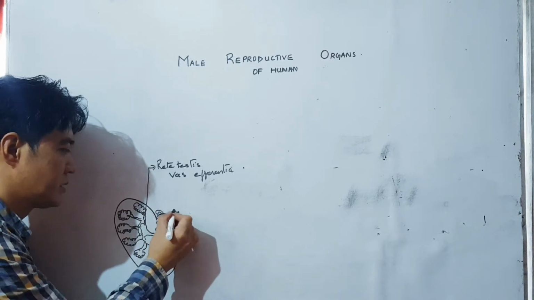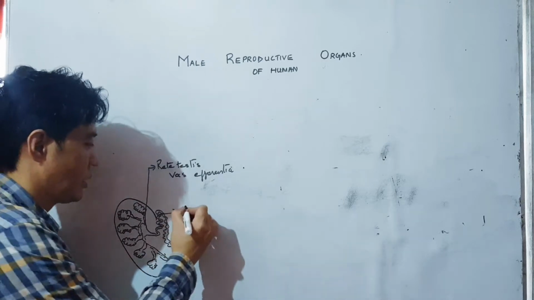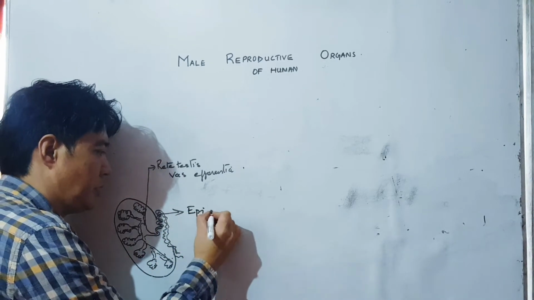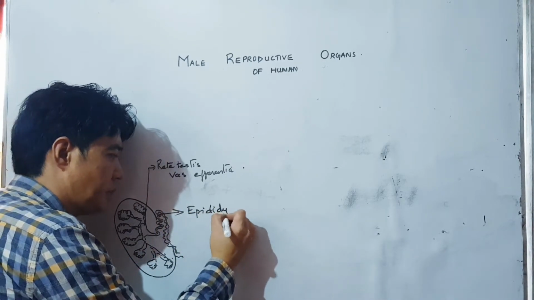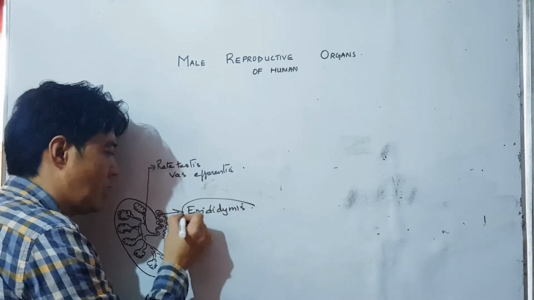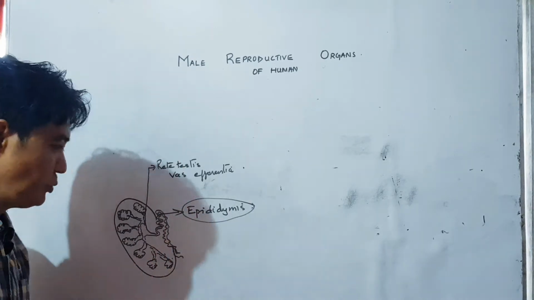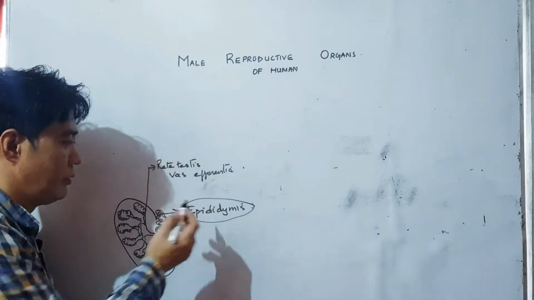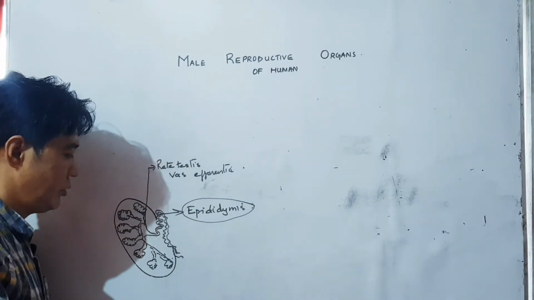This is known as the epididymis. These are the highly folded tubules of the sperm cord, you can say.